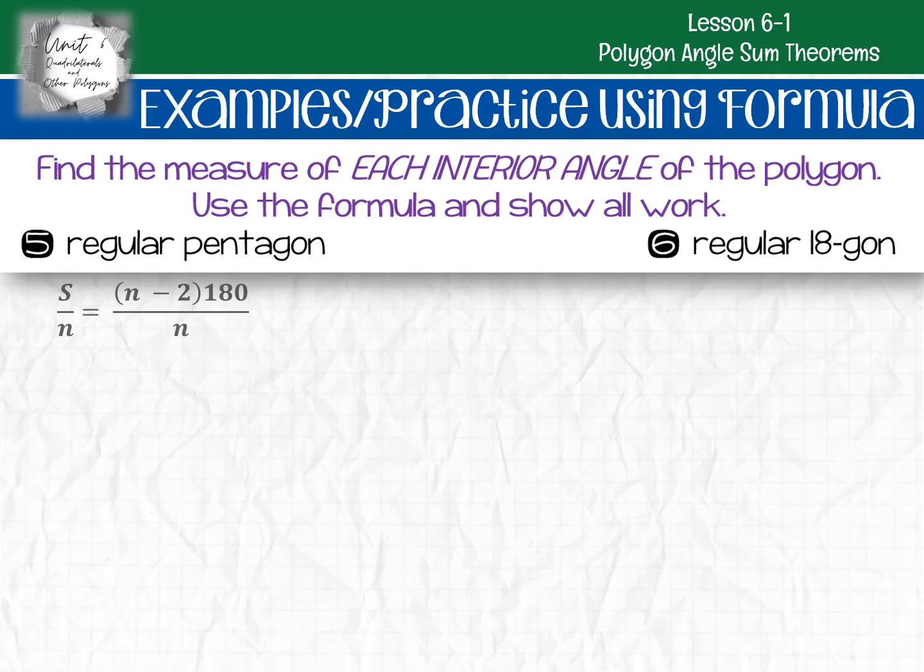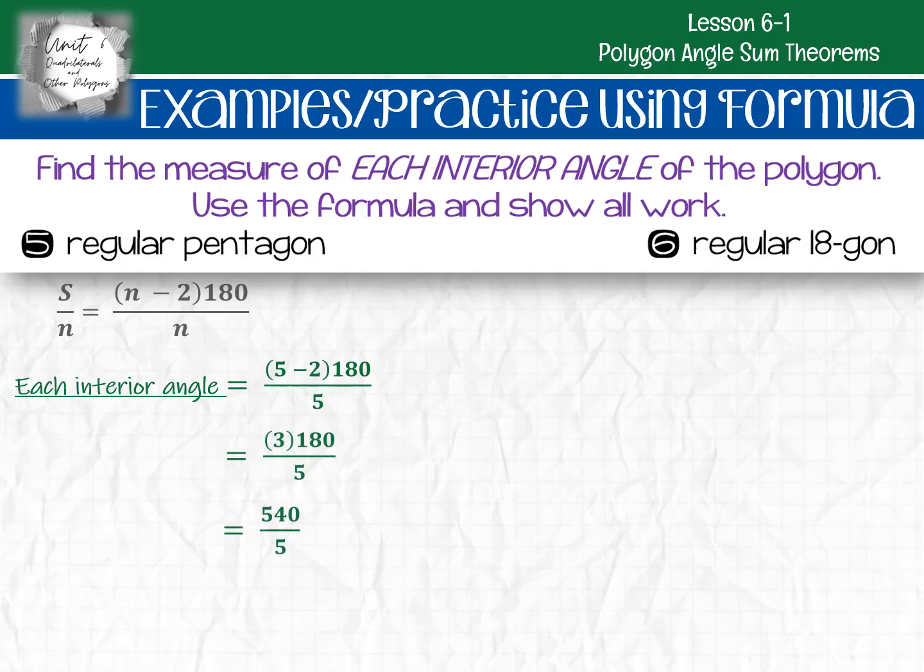So there's our formula. Pentagon. Plug in with 5s. Simplify. Calculate. 108 degrees. If it's a regular pentagon, each of the interior angles of that regular pentagon is 108 degrees.